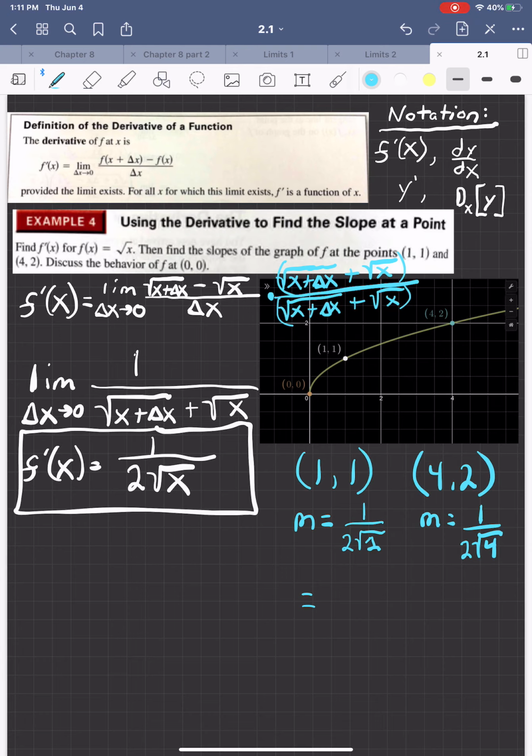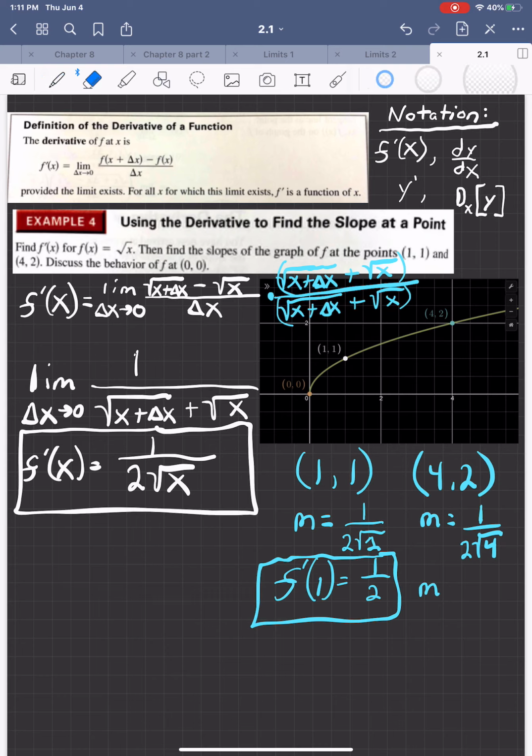So f prime of 1 is going to be equal to, well, the square root of 1 is 1, so that's just 1/2. And then finally, f prime of 4 would be 1 over 2 times the square root of 4, which is 1 over 2 times 2, or 1/4.